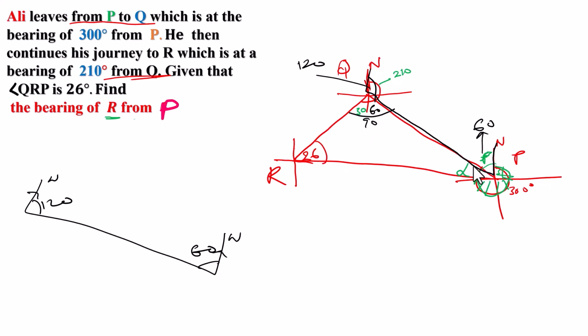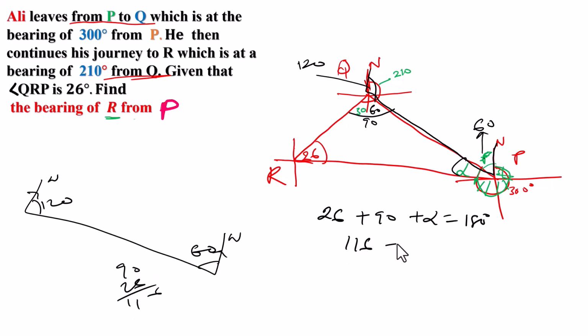We need to find alpha to be able to calculate the bearing of R from P. So we have 26 plus 90 plus alpha equals 180. 90 plus 26 is 116, so 116 plus alpha equals 180.